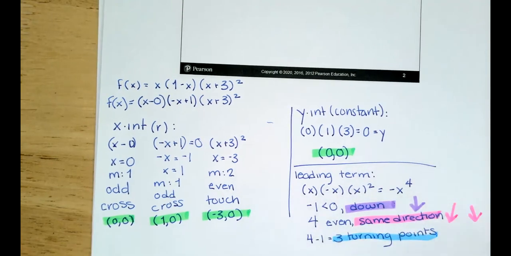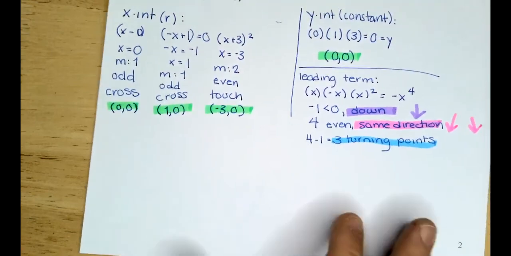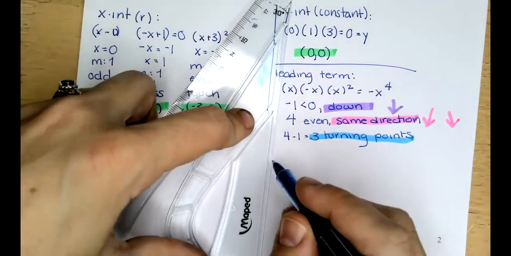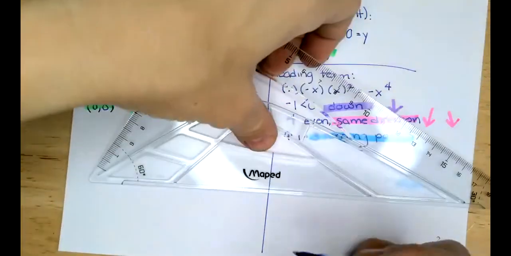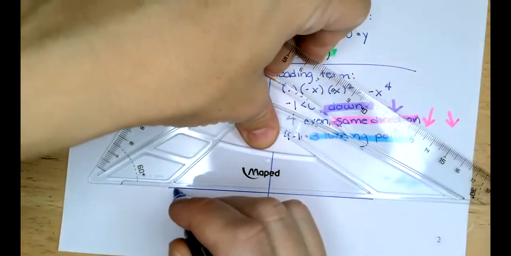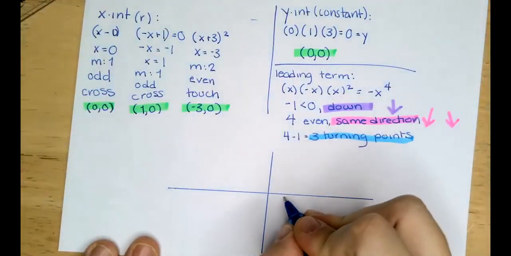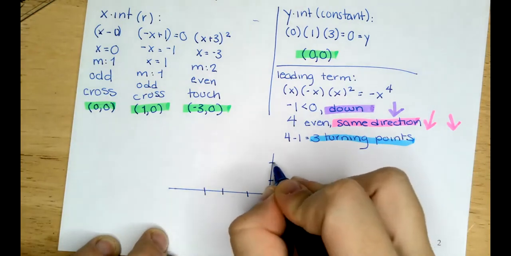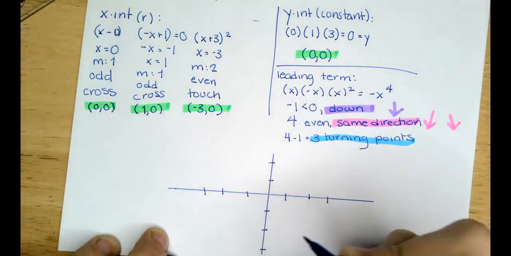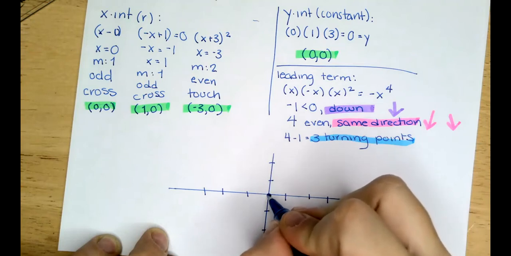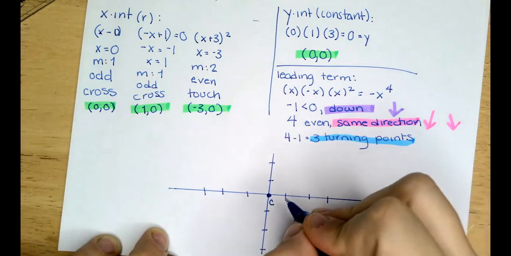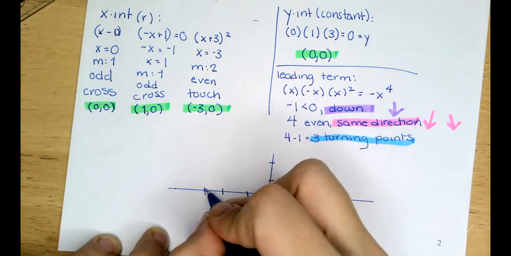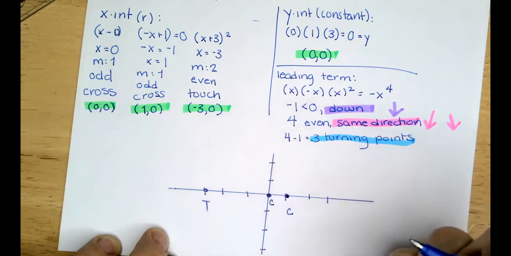So we're going to turn this into a graph. At 0, 0, it's going to cross. At 1, it's going to cross. And at -3, it's going to touch.